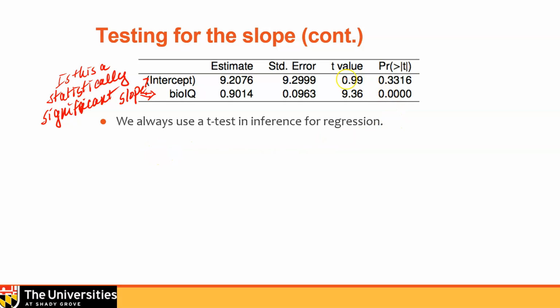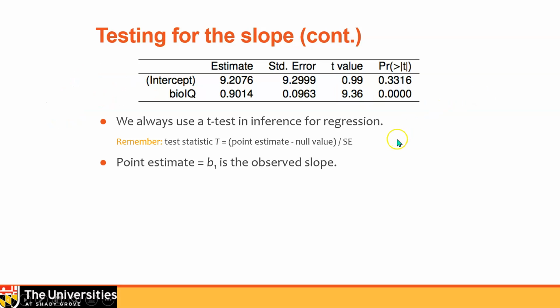So we're always doing t-tests. Here the t-value is 9.36, and it's got a p-value that's super small. We know what happens when p-values are super small. Notice that we can create the test statistic in the same way that we have previously.